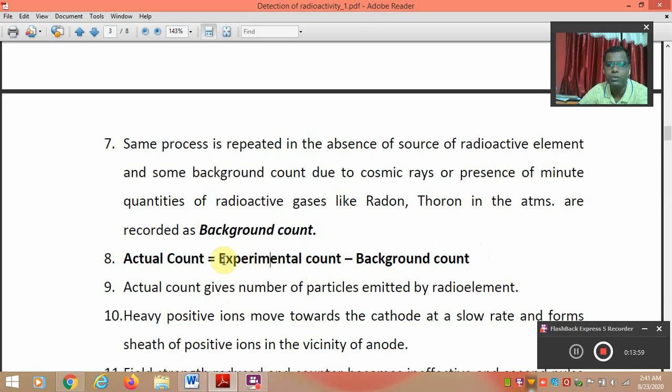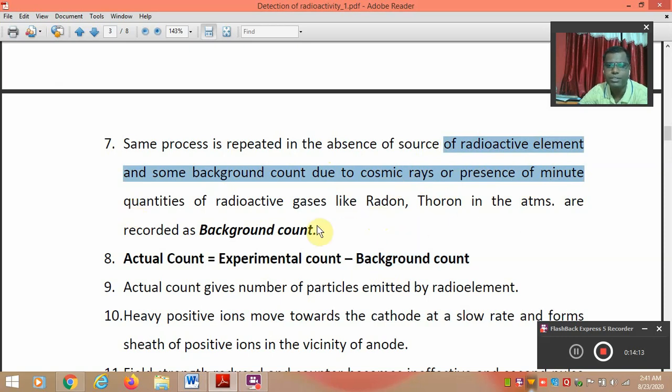But in the background count there is no contribution of the radioactive sample. There is a contribution of only radioactive elements present in the form of cosmic rays or minute quantities already present in the atmosphere.